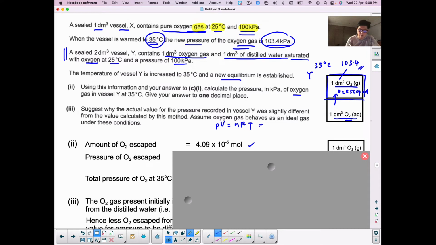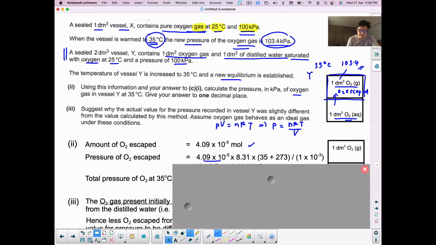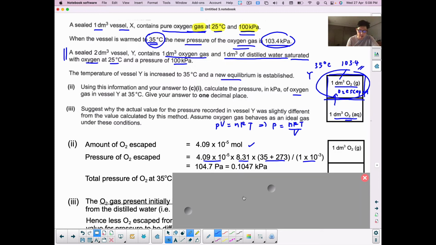If you work it out, P is equal to nRT over V. So here are the values: n, R, and T, with T changed to Kelvin. The volume is just 1 dm³, the volume where the oxygen is. I changed it to m³, so times 10 to the power minus 3. So this is the pressure of oxygen that has escaped.